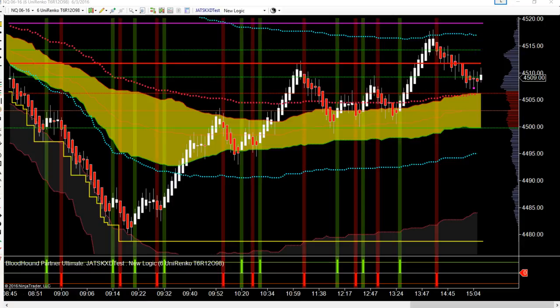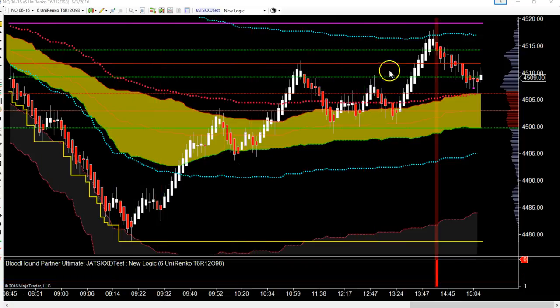Now, if I want to directionally trade this, I can do so very many ways. I can take a VWAP upper level, for example, and just hit that level.